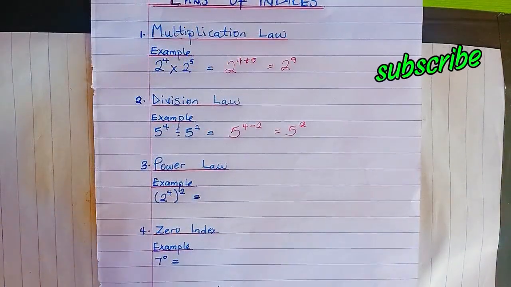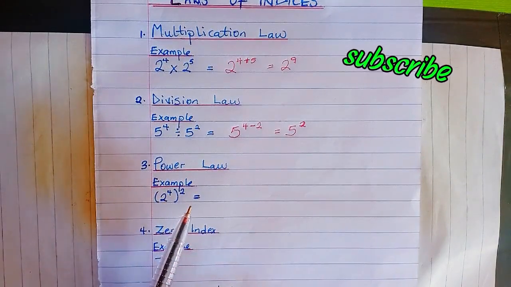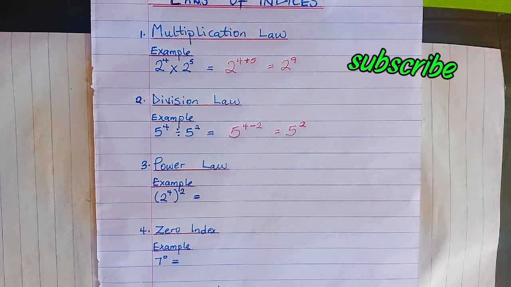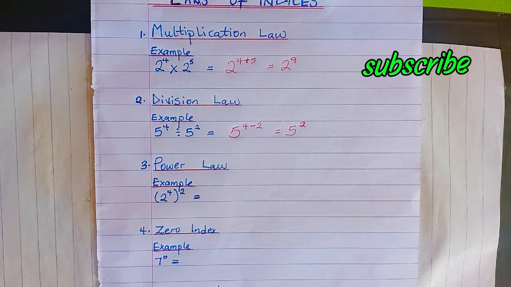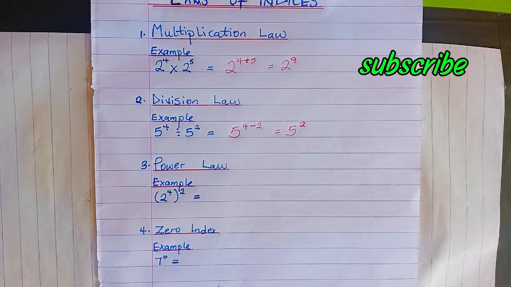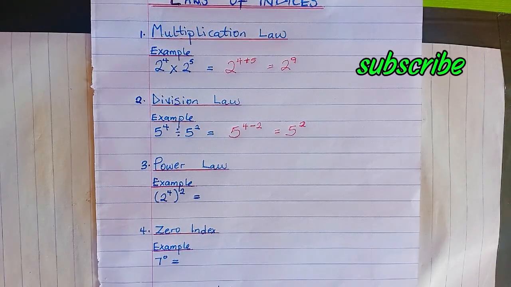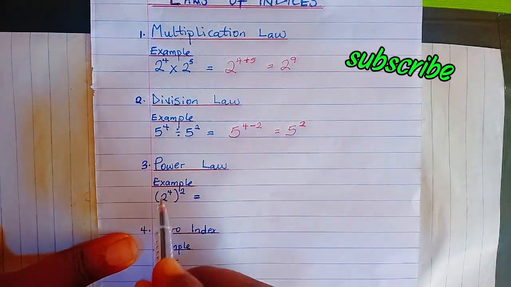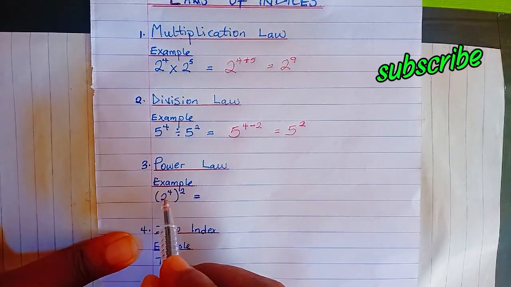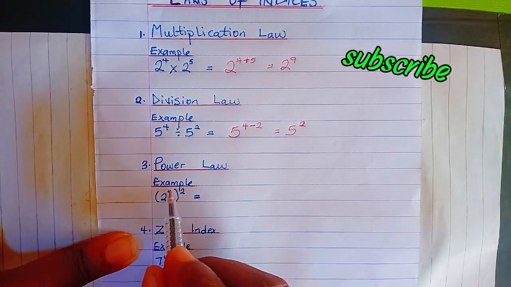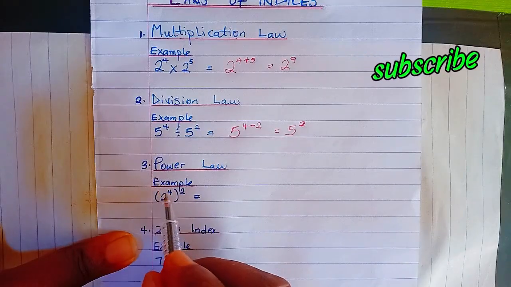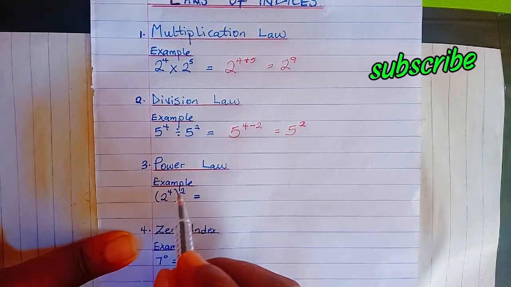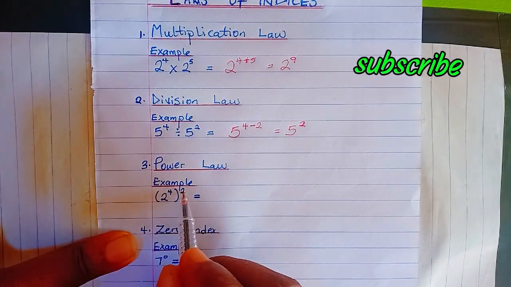Now let's go over to the power law. Here, when a number raised to a power is raised to another power, you are going to multiply the indices. For instance, if you look at this one, this is the number 2 and it's raised to power 4, and also the number which is raised to power 4 is equally raised to power 2.